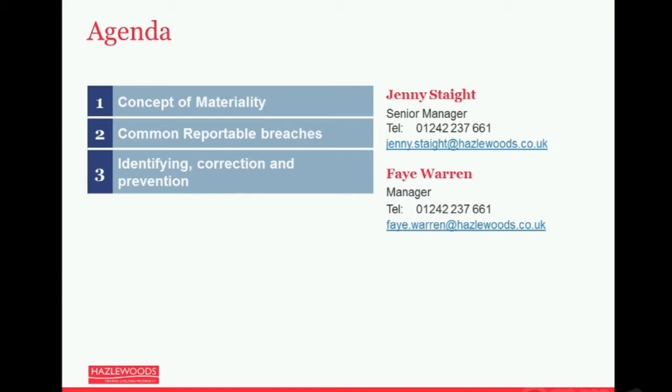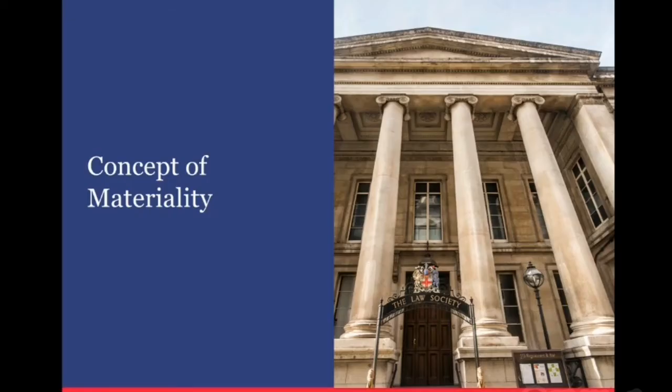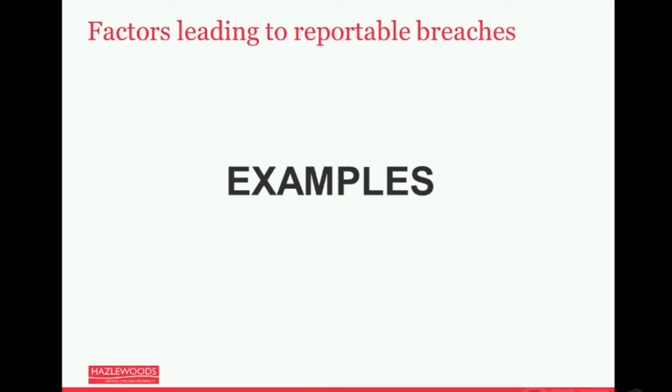Today we are going to cover the concept of materiality, common reportable breaches, and how to identify and correct breaches. Breaches of the SRA Accounts Rules must be reported to the SRA if they are material. The SRA has issued guidance giving factors leading to reportable breaches.